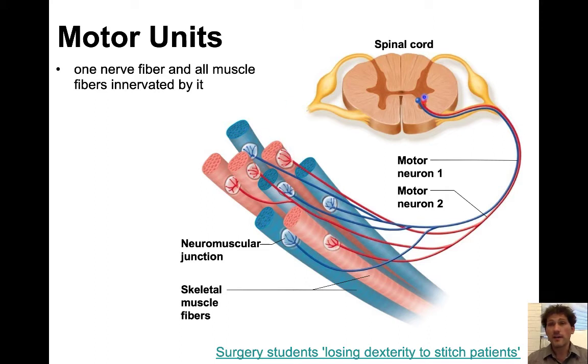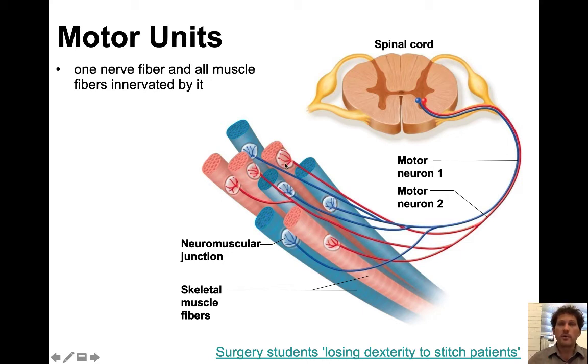On the other hand, if we look at our red motor neuron, or motor neuron 2, same pathway, and it's coming out to the same muscle. Remember, these little branches of this nerve are penetrating through all that connective tissue of the perimysium and endomysium right down into each of those muscle cells. With that red motor neuron, you can see that it is innervating these 4 red muscle fibers.